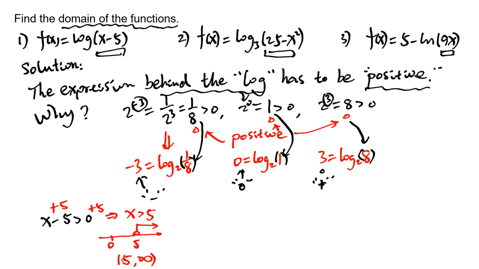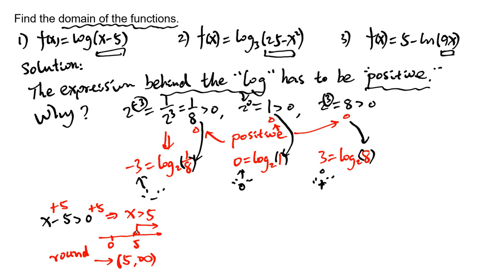And 5 is not included, so here is a round bracket. Again, if it were a square bracket, 5 is included.